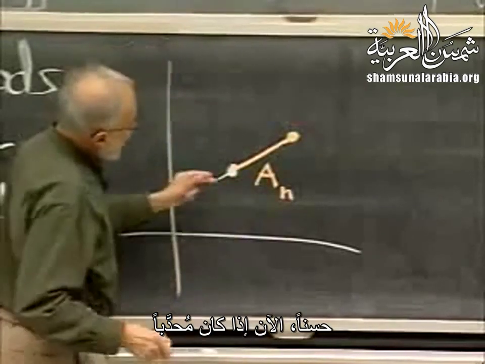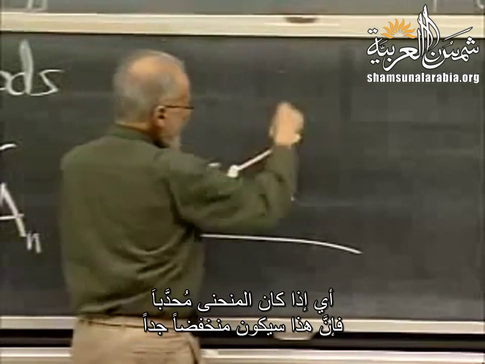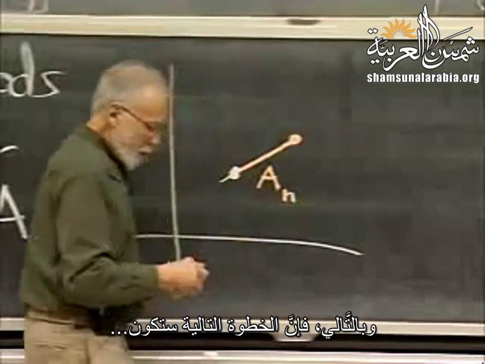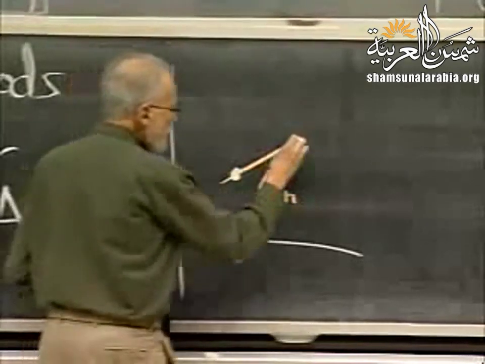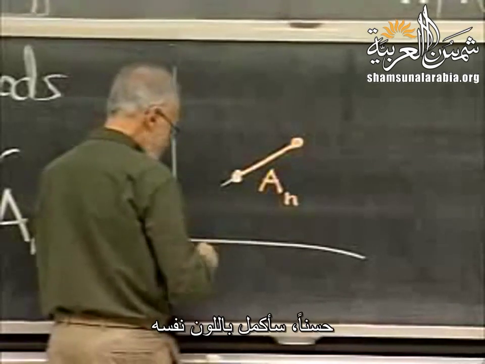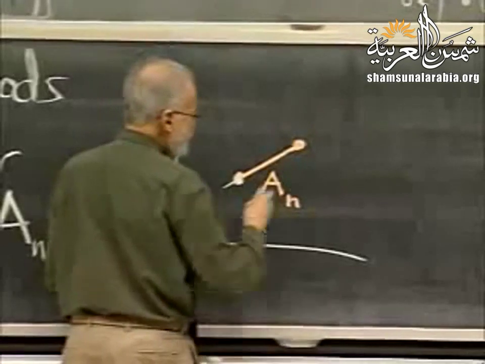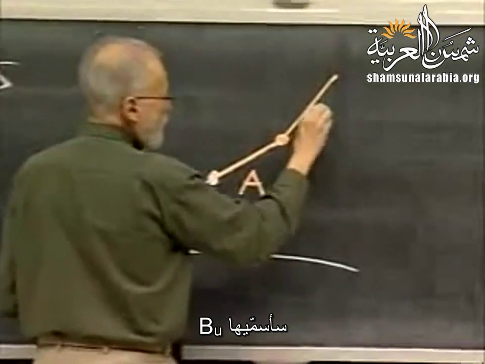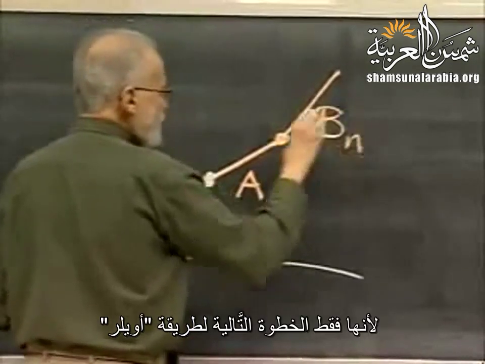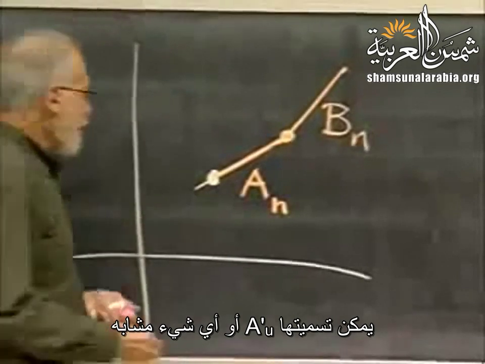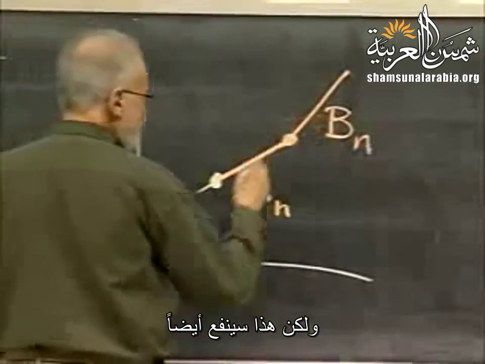Okay, now if the curve were convex, this would be too low, and therefore the next step would be, I'm going to draw this next step in pink, going up like that. I'll call this b_n just because it's the next step of Euler's method. It could be called a_n prime or something like that, but this will do.